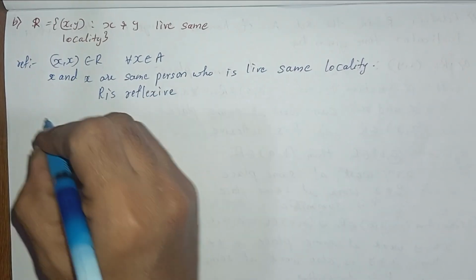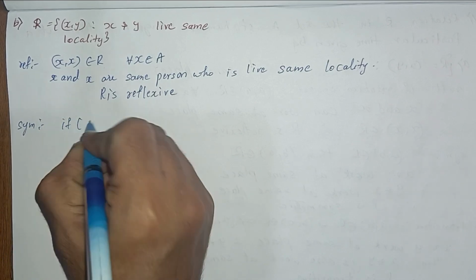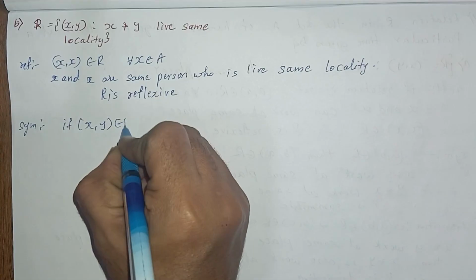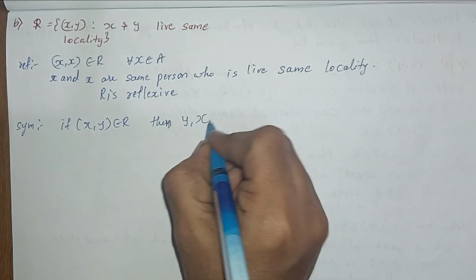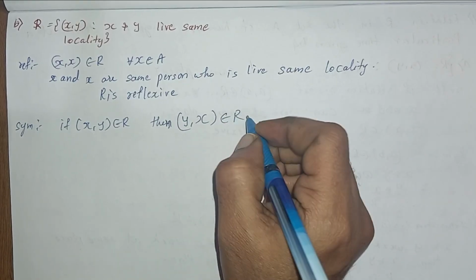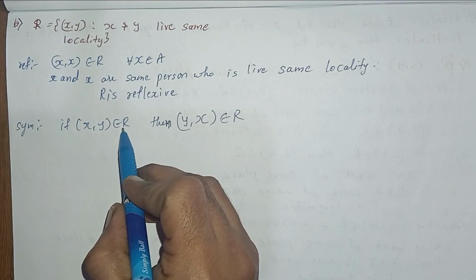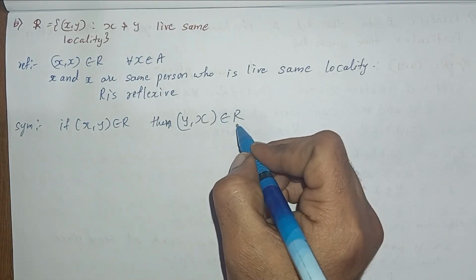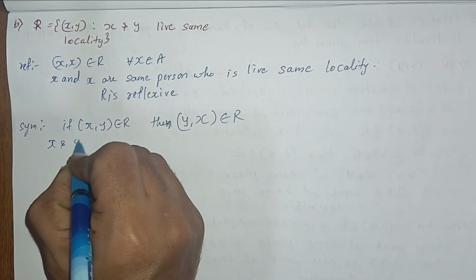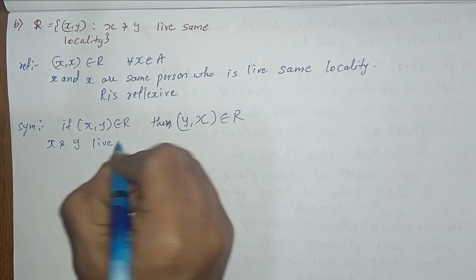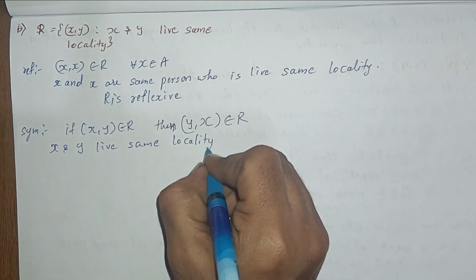Next we have to check for symmetric. In symmetric, if (x, y) belongs to R, then (y, x) should also belong to R. If x and y live in the same locality, then y and x should also live in the same locality.